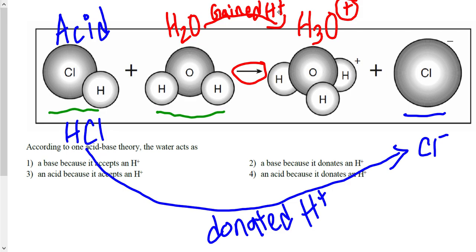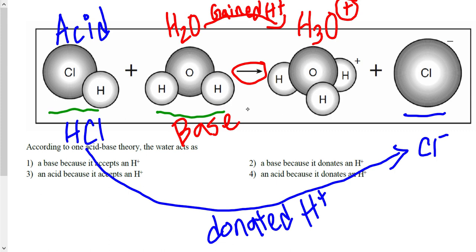Based on Bronsted-Lowry theory, or based on one acid-base theory, water, in this specific example, water is a base which accepted the H plus ion, or the proton, from the acid, which happens to be HCl in this question.